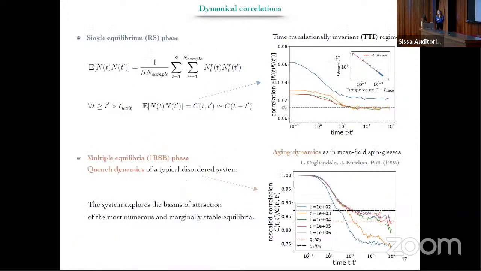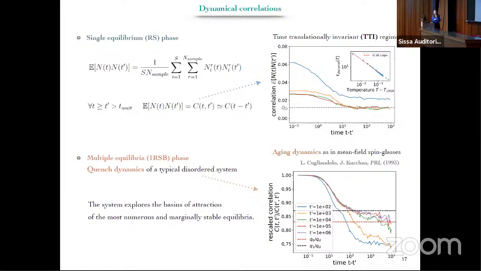Well, we also studied the dynamical correlation function, meaning that we look at the dynamical correlator of N(t), the abundances at time t and at time t prime, averaged over all sources of randomness: the number of species, the number of samples, the initial condition, and the random interaction.